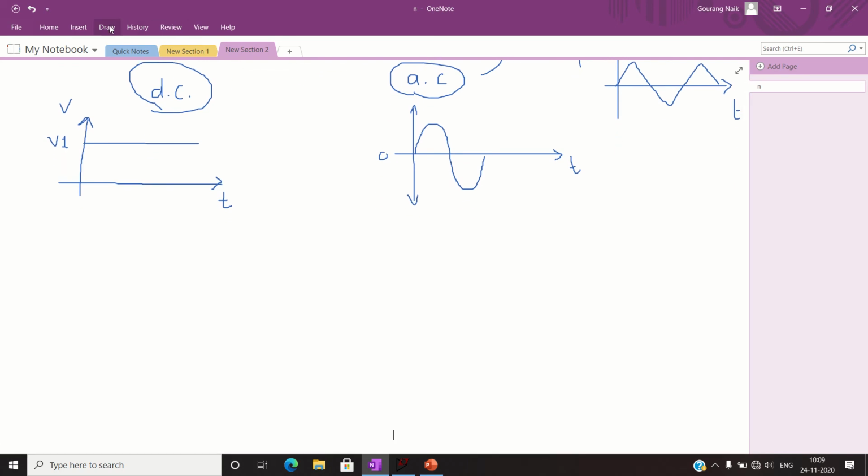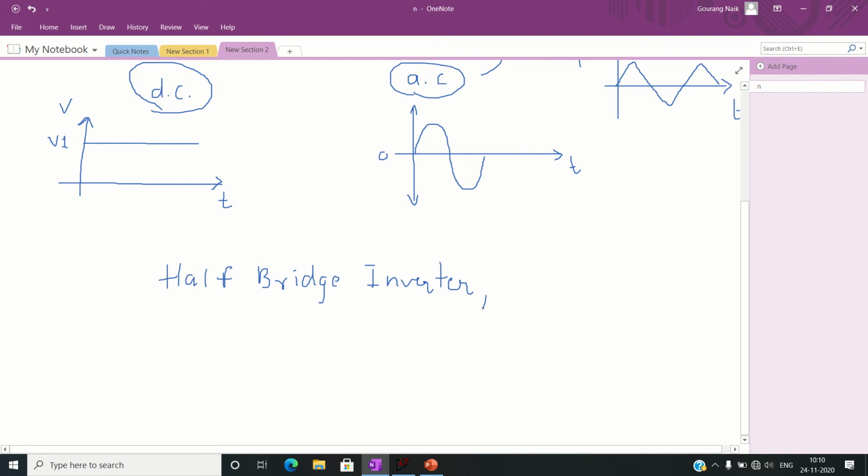So next thing we will see is a circuit. We will see a half bridge inverter first.